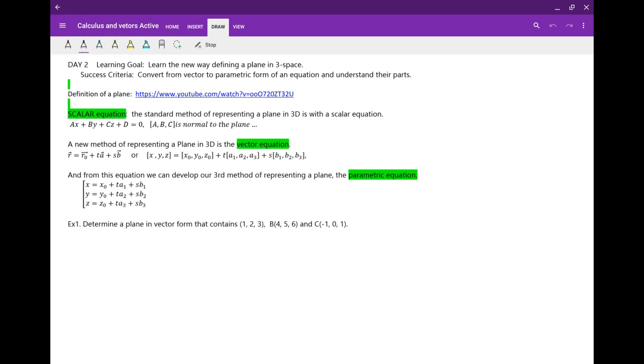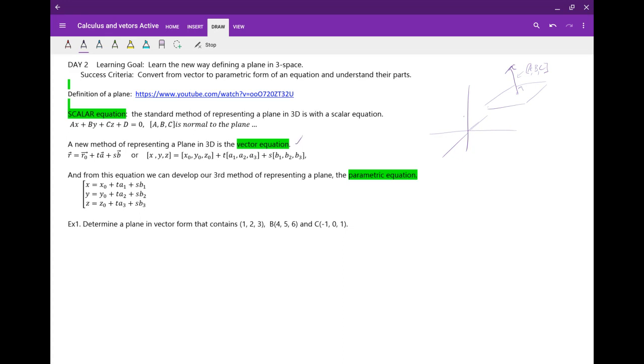So if I've got some kind of plane floating around in 3-dimensional space and I draw a vector that's perpendicular to the plane, I could find it by taking the A, B, C letters and putting them into a vector. That would be what is normal to the plane.